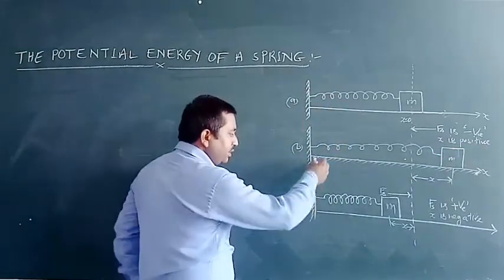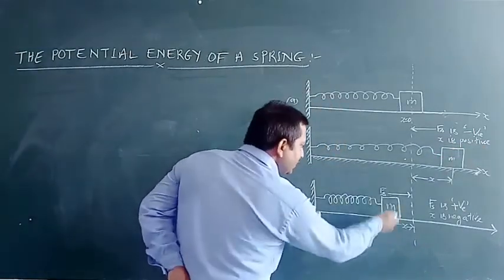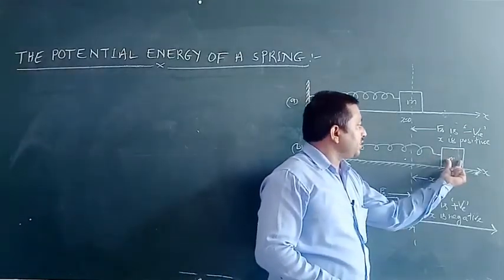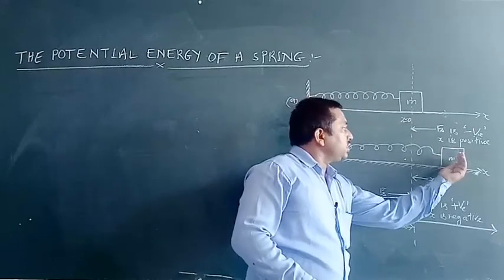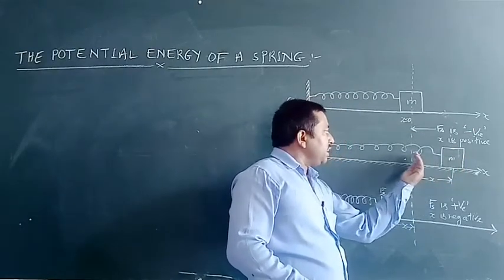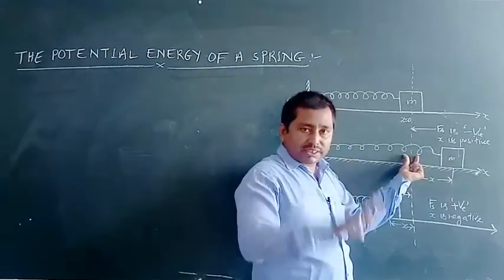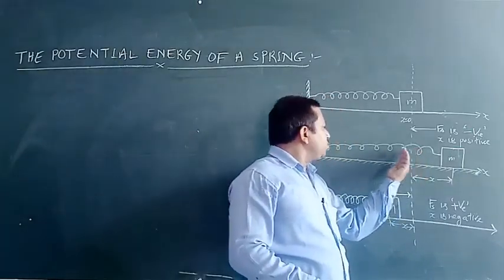Similarly, in the next case, suppose we release this object at this point. Then the spring pulls the mass object towards the mean position, and due to the property of inertia, this object does not stop at the mean position. It will move towards the left.